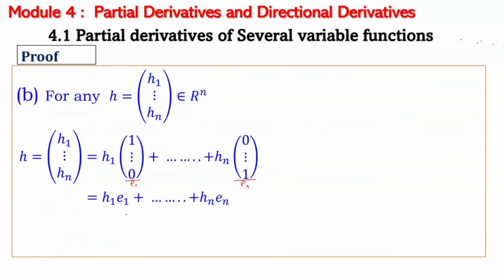So we can write it like this, h1 e1 plus hn en. So this can be written as the sum from k equal 1 to n of hk ek. So this form of h is going to help us to prove our theorem.